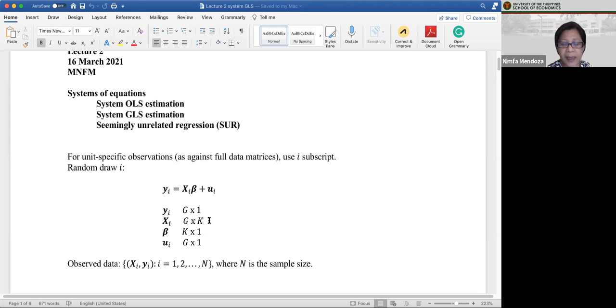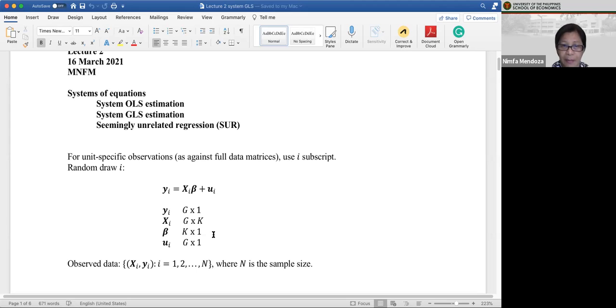K here would be the sum of k sub 1 plus k sub 2 down to k sub G. And then beta is k by 1 and u sub i is G by 1. For now, we are assuming that we do not have cross equation constraints. So our observed data would be the set of all X sub i, y sub i going from 1 to n, where n is the sample size.